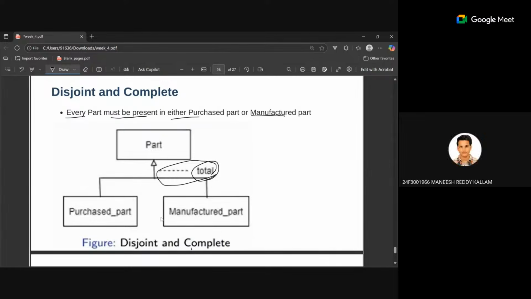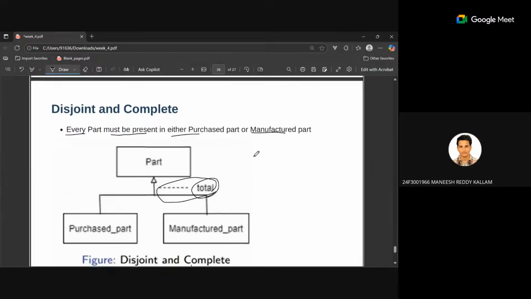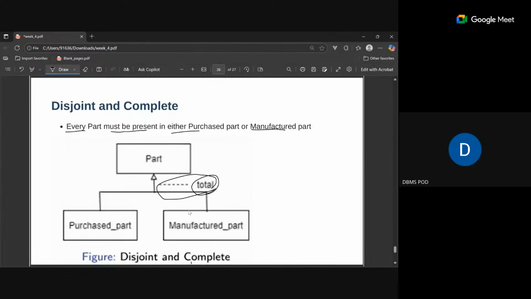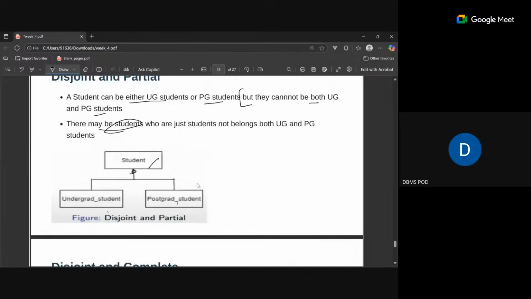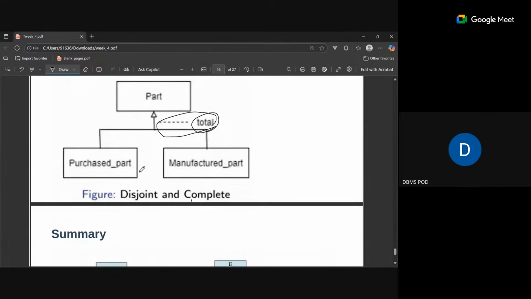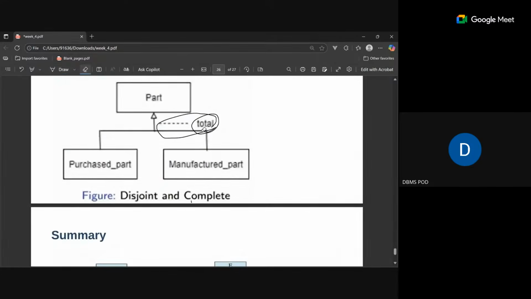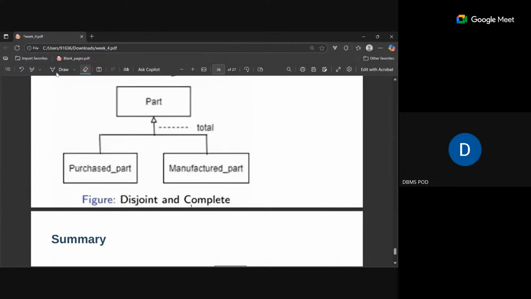Sir, could you repeat disjoint and joint once again? The previous slide and this slide. The difference between disjoint and complete and disjoint and partial is this one. Just this one only.